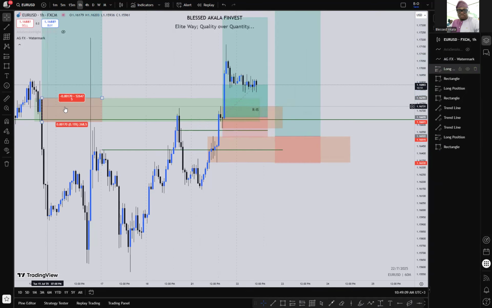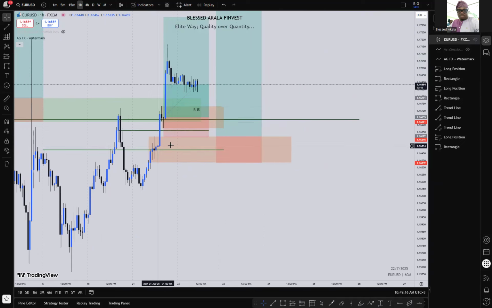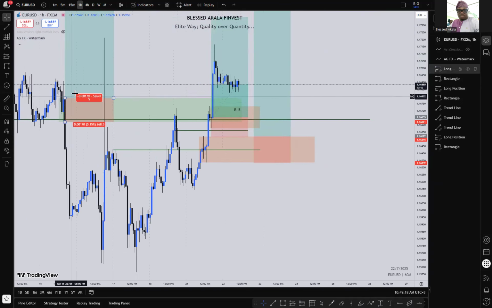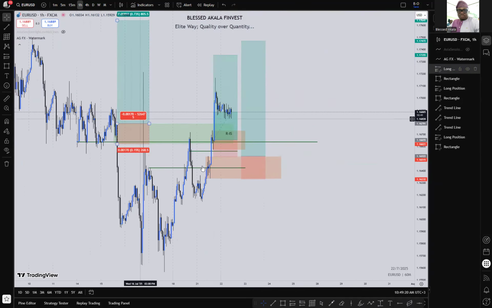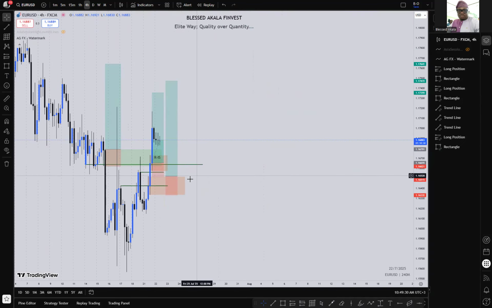Just if peradventure this leg did not hold, or we did come back into this level before we continue into the highs, then these are the three possibilities that we have in the markets, provided the internal structure on 4 hour is unable to send price into the highs.